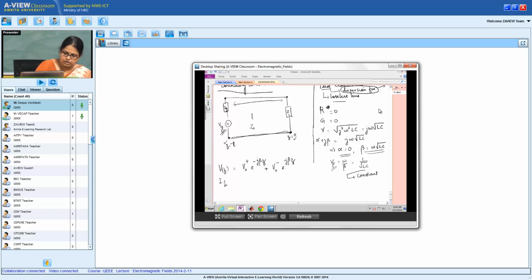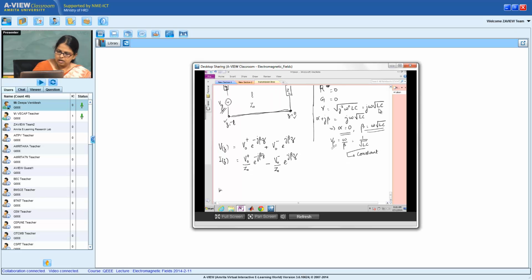We also can write I(z) as V0 plus by Z0, because yesterday we derived that the ratio of V0 plus to I0 plus is Z0, e power minus j beta z, minus V0 minus over Z0 e power j beta z. Now I am going to apply the boundary condition.